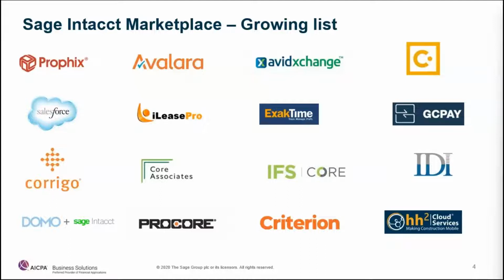In the past, we had some of those interfaces with the previous products, but a lot of them required maybe a third-party integration piece. And that's no longer the case. These companies like the Procores or the Titaniums, the GC Pays, they can all direct write into Intacct, making it a valid solution for them.